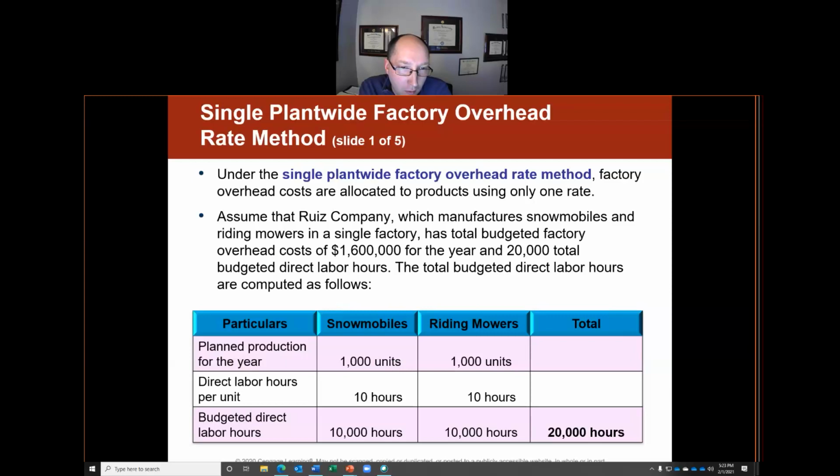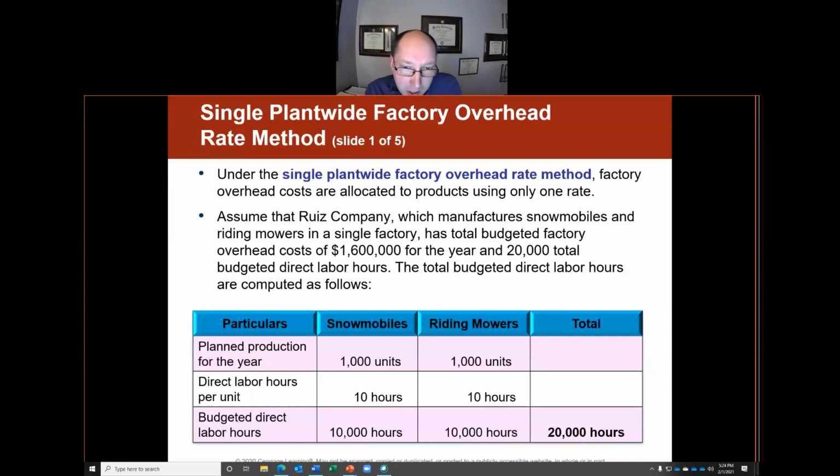So in a year, the company manufactured 1,000 snowmobiles and 1,000 riding lawnmowers. The company has a total budgeted overhead of $1.6 million and budgeted labor hours of 20,000 labor hours.